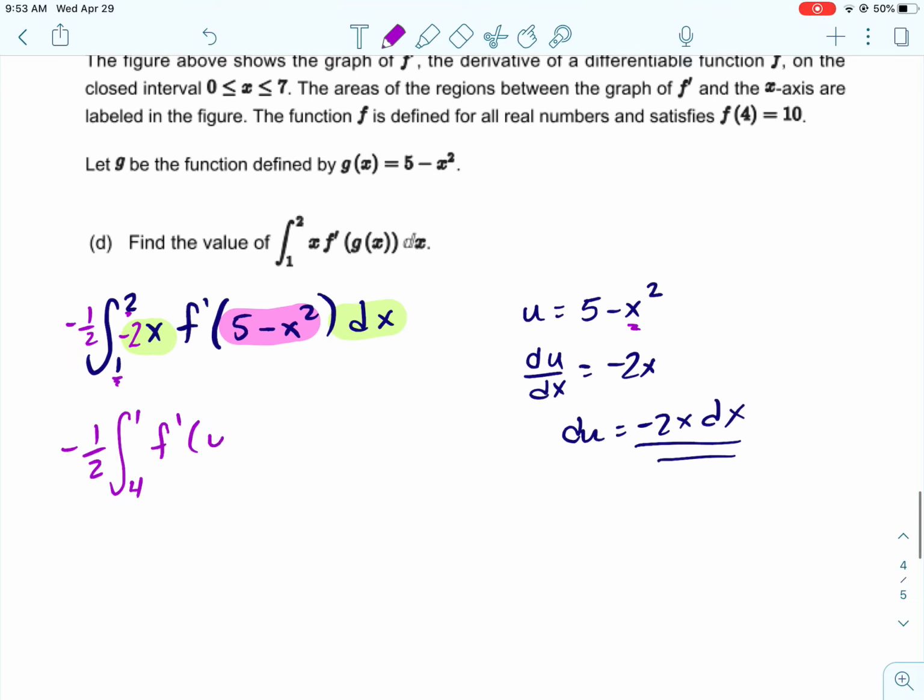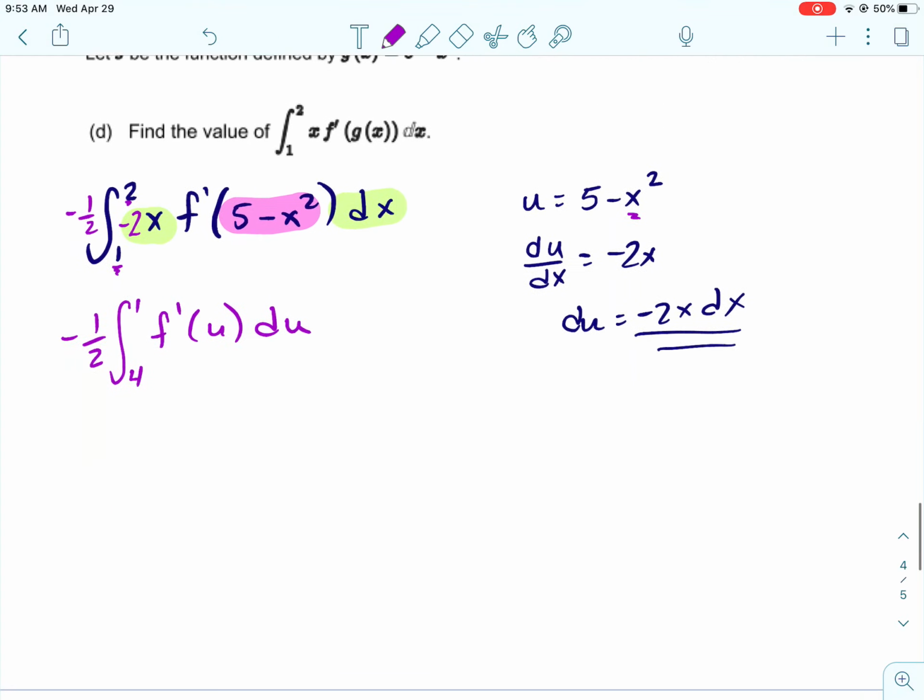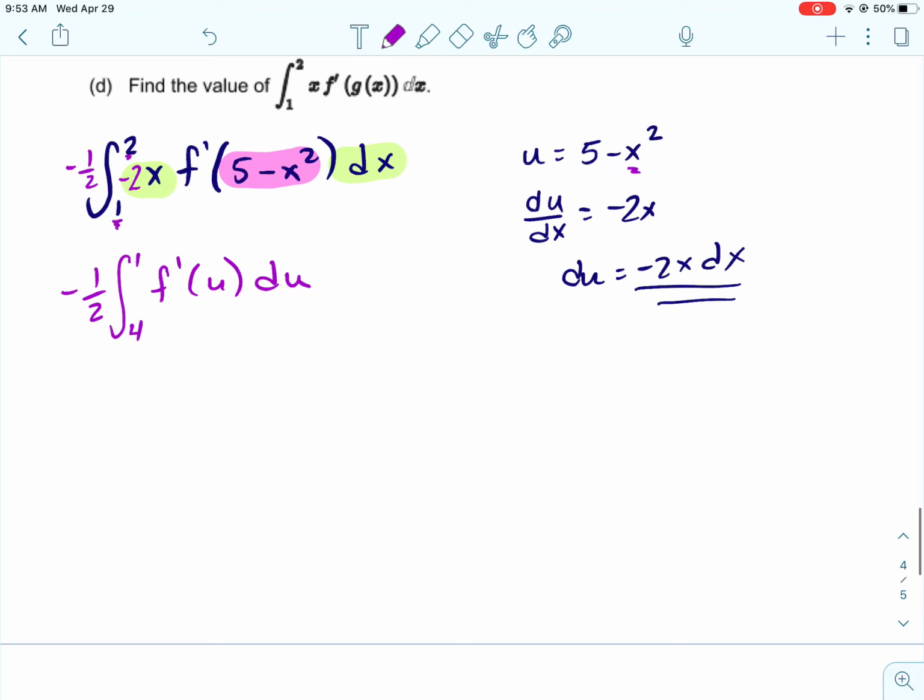So 5 minus 2 squared is going to be 1. All right, so what I'm going to do, I'm still going to have the f prime, and in the place of 5 minus x squared, I'm going to write u. And then in the place of what I have highlighted in green, negative 2x dx, I'm going to put du.